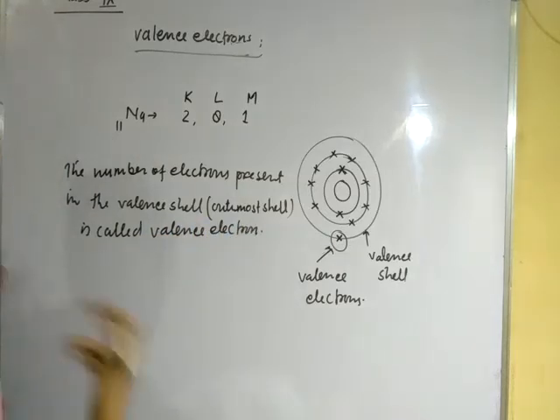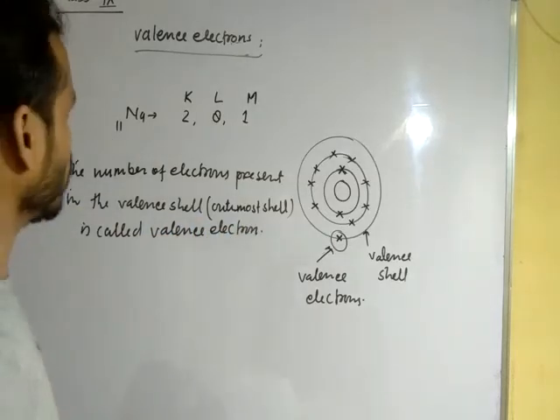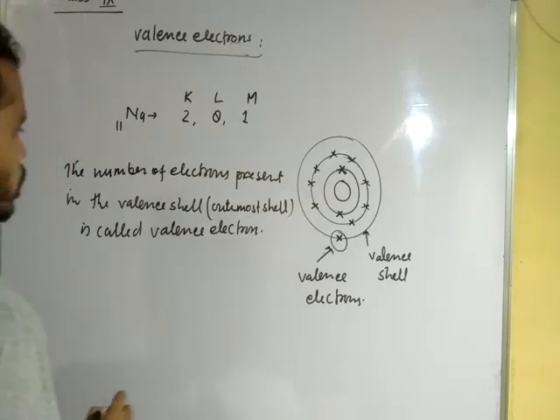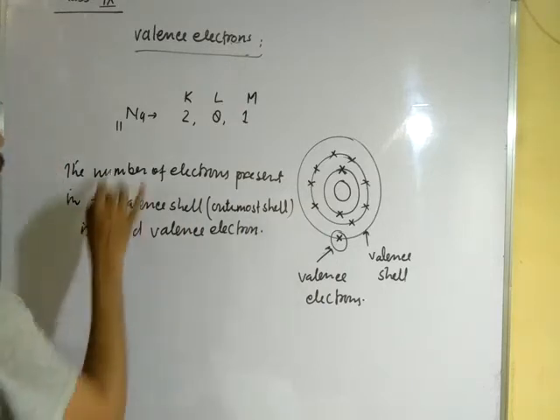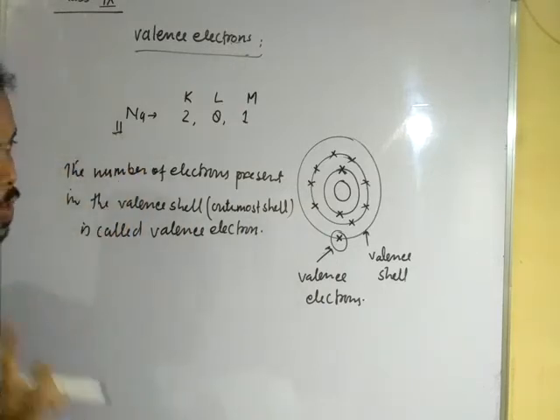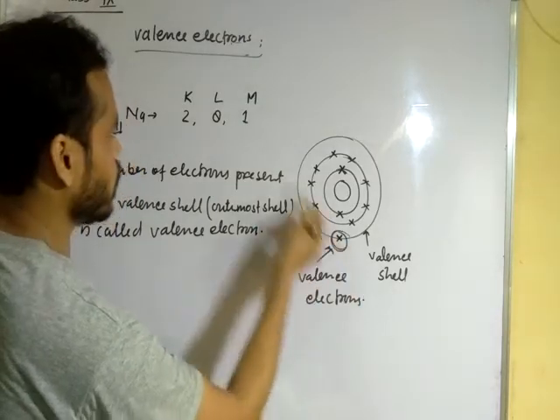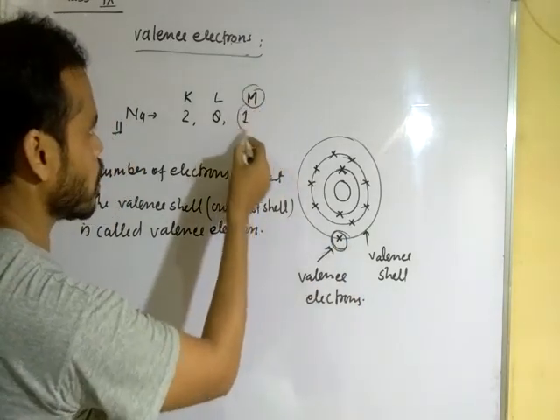In the case of sodium, there is only 1 valence electron in the outermost shell, the M shell.